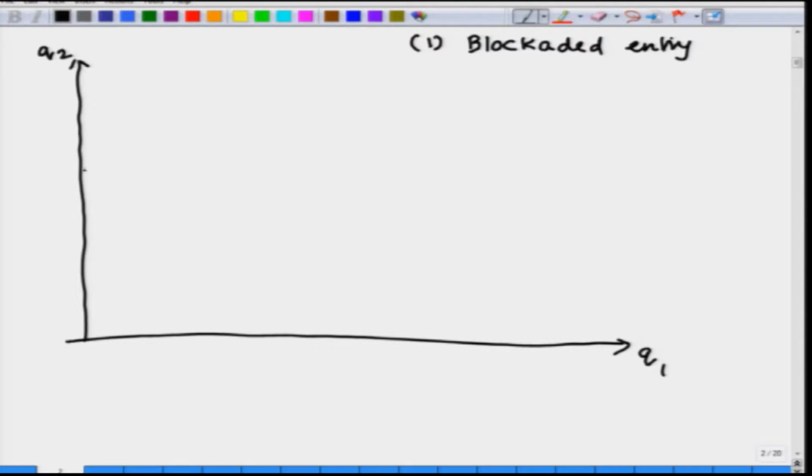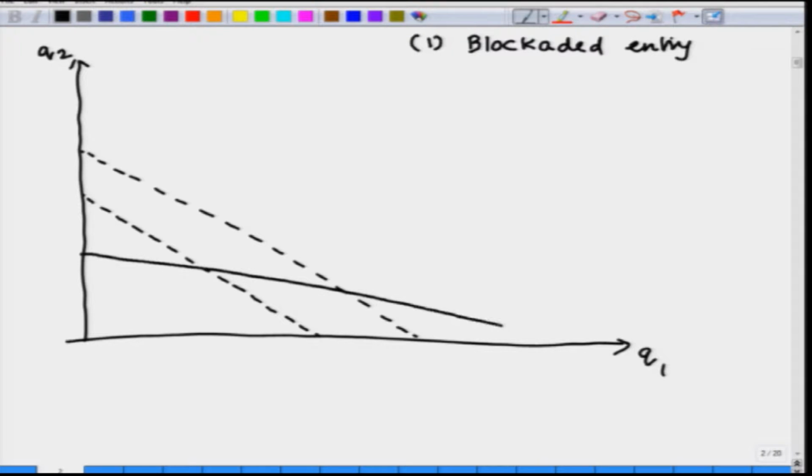If we have the two reaction functions, let us first graph those. This is the best response function for firm 2, and as before this is T, and as before this is V, and let us label this to be the monopoly output M1. Correspondingly, the Stackelberg choice is S here.